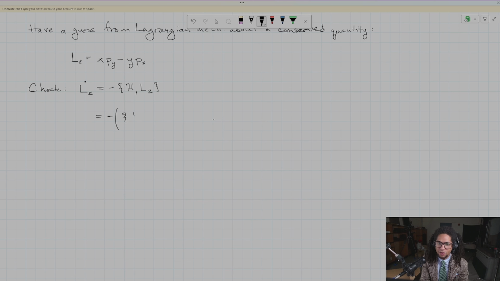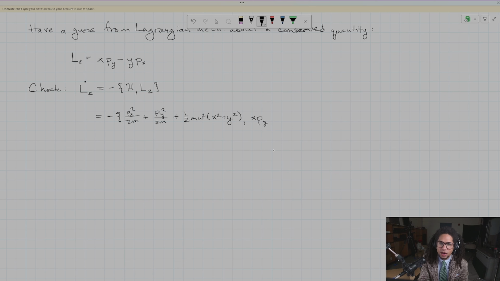Then we'll have p_x squared over 2m plus p_y squared over 2m. Plus 1/2 m omega squared, quantity x squared plus y squared. And we're going to take the Poisson bracket with x p_y minus y p_x.